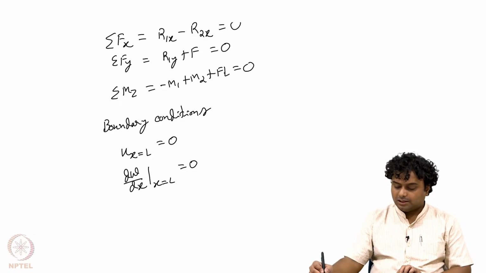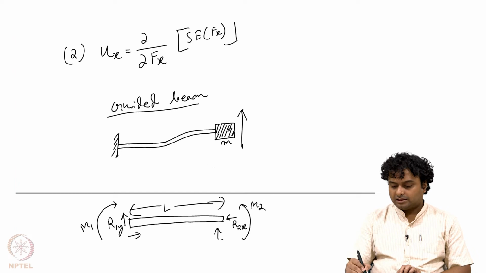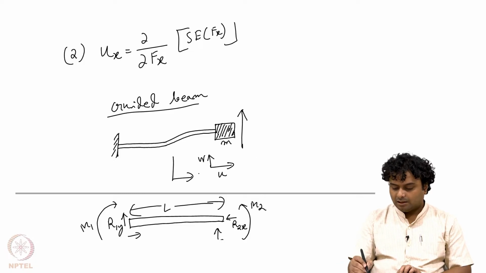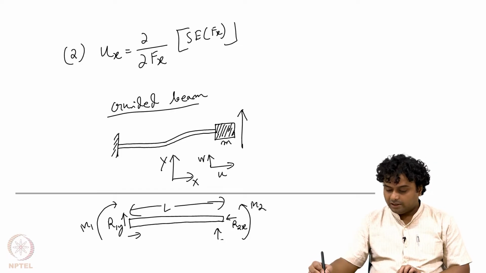What I am considering here is that in the x direction the deflection is u, and in the y direction the deflection is w. So this is u and this is w, and this is my x and y.